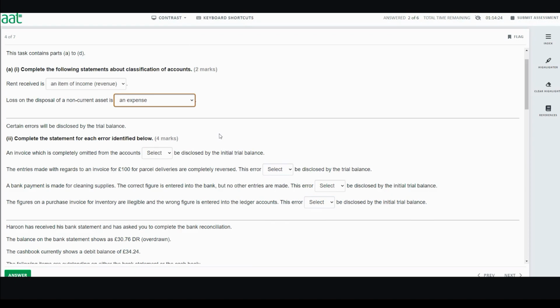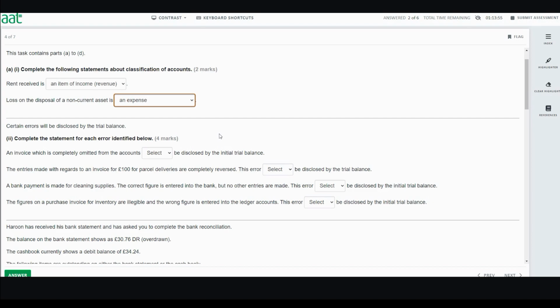Certain errors will be disclosed by the trial balance. Remember that an error that is disclosed in the trial balance would mean that the general ledger accounts don't balance. So if you've posted something to a payment, say to credit your bank account, but you've not posted it to the expense account, the accounts won't balance.